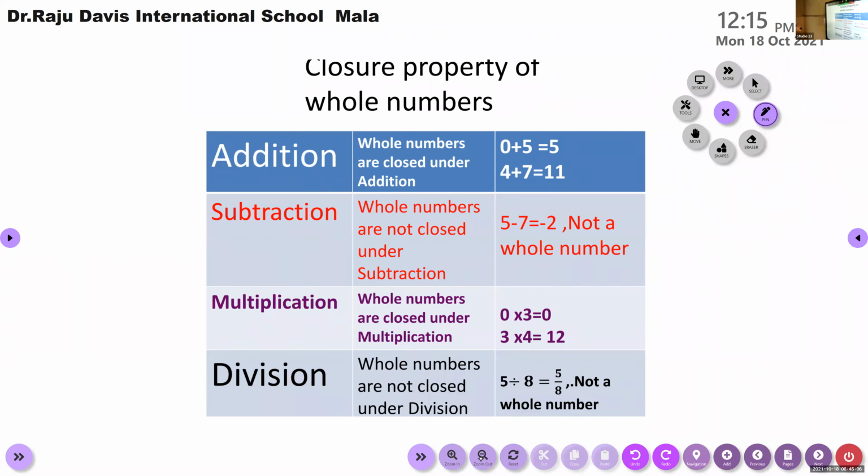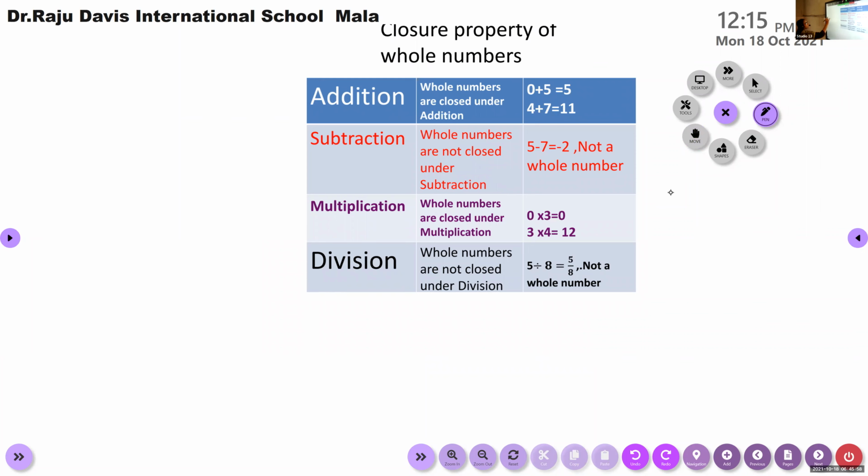Listen to the board now. We will discuss the closure property of whole numbers. We know that whole numbers start from 0, 1, 2, 3, etc. First we will take addition.